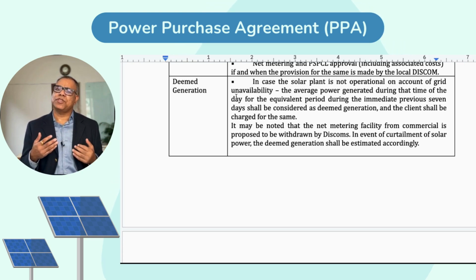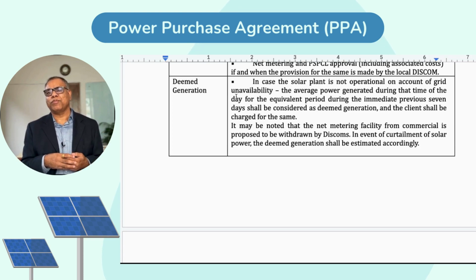In a day, suppose I have generated 5,000 units from a 1 megawatt solar power plant, then I would claim those 5,000 units as part of my deemed generation. Look, boss, I would have generated this. It is not generated, but it would have been generated if you were available for consuming that electricity.